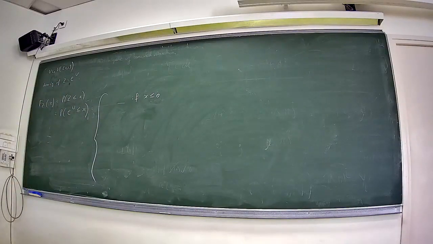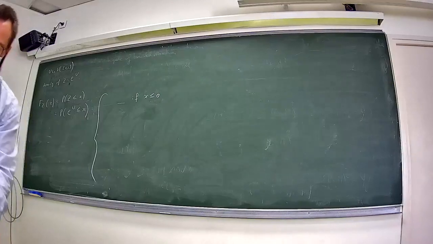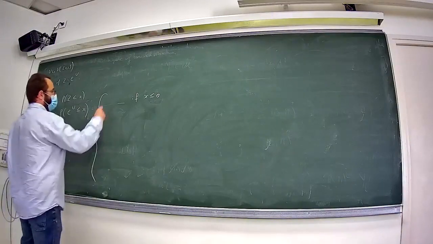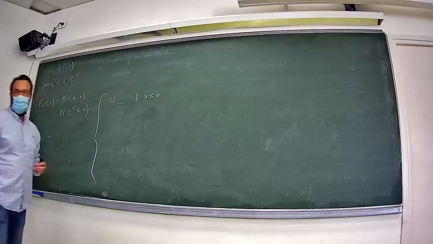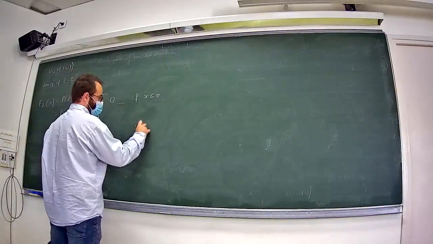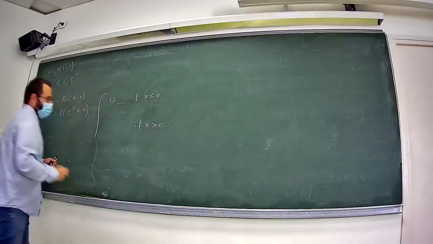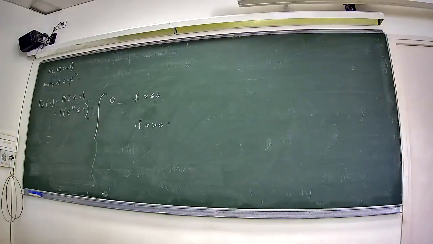An exponential is strictly positive. So what is the probability to be less than or equal to 0? It is 0. So in this situation, I know that this probability is equal to 0. So the only case that interests me is the case where x is strictly positive.